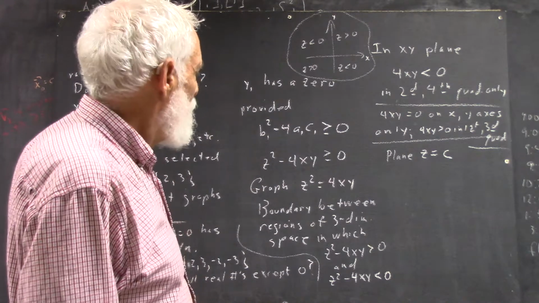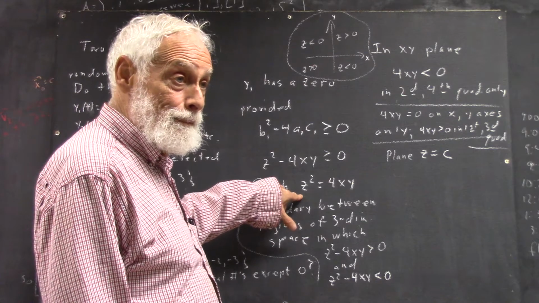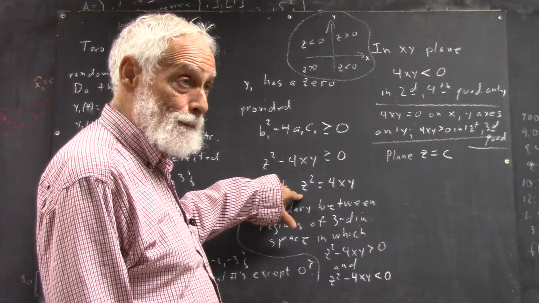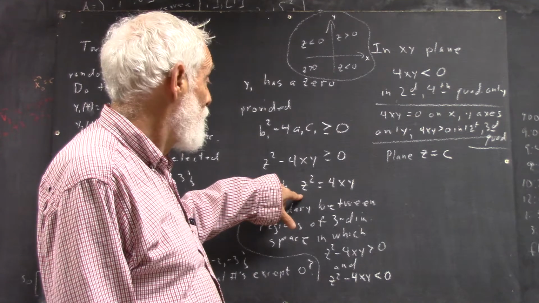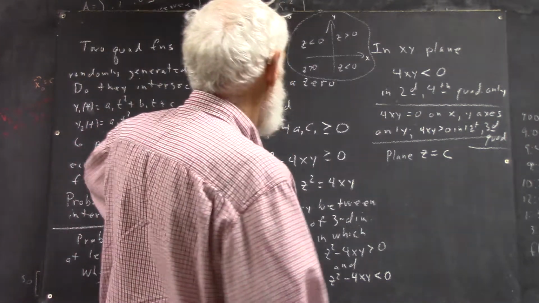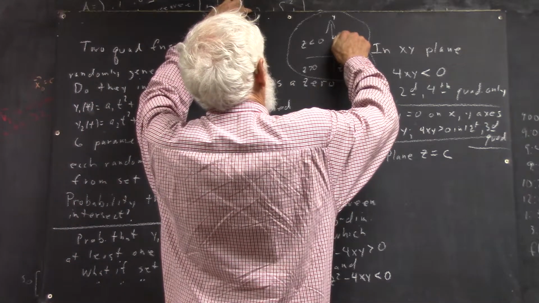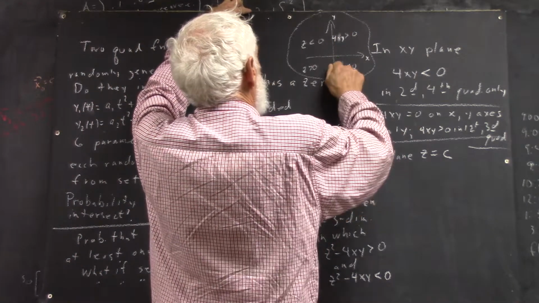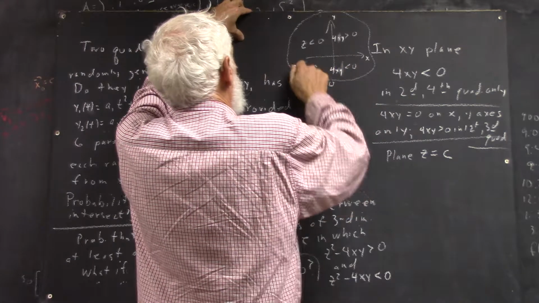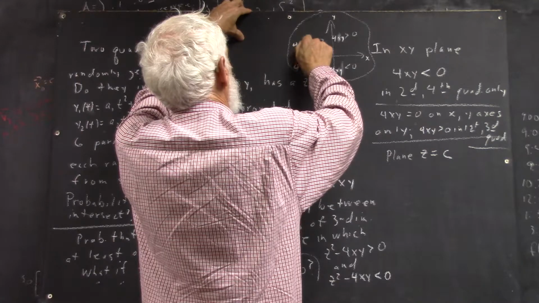Now, we're actually, though, looking at Z squared. Okay? It belongs 0. So, I should have said 4XY greater than 0. Here, 4XY less than 0, and so forth.